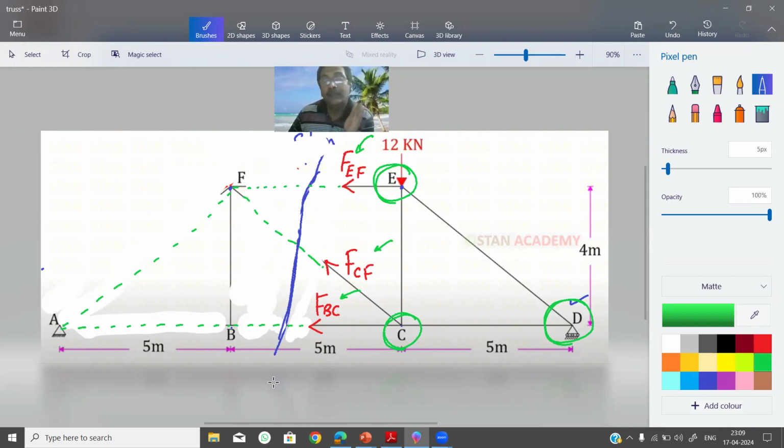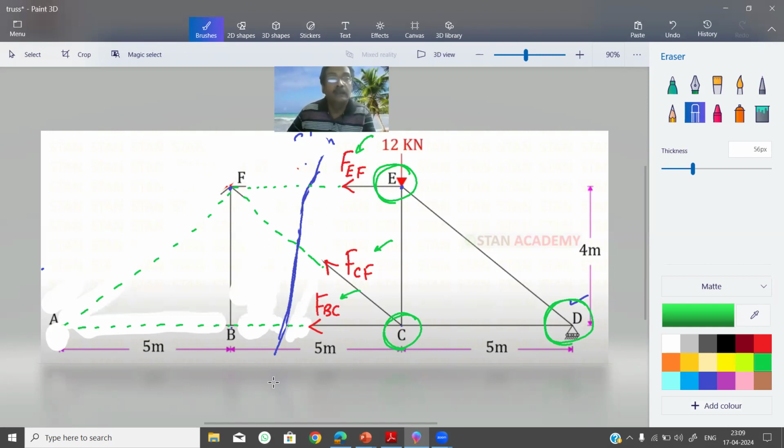So while taking the moments for the right hand portion from the left side point, don't consider any force, including the reaction A also, right? You forget about everything. So A is isolated. So better I delete the support also.